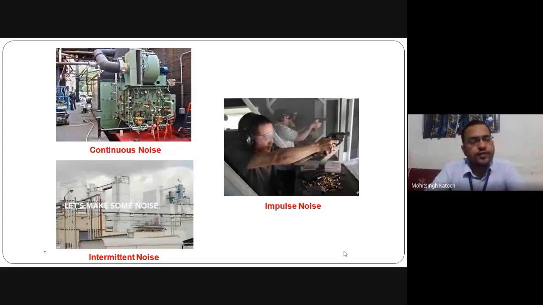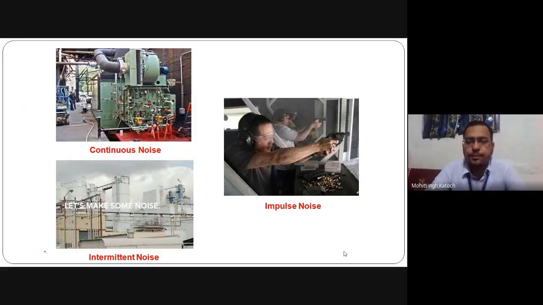So these photographs clearly depict the various kinds and types of noises. First one is a continuous noise example, a generator which produces continuous noise pollution. Second one is intermittent noise pollution. Here we can see an example of a factory which has certain horns or sound alarms which go on after few durations and produce noise pollution.